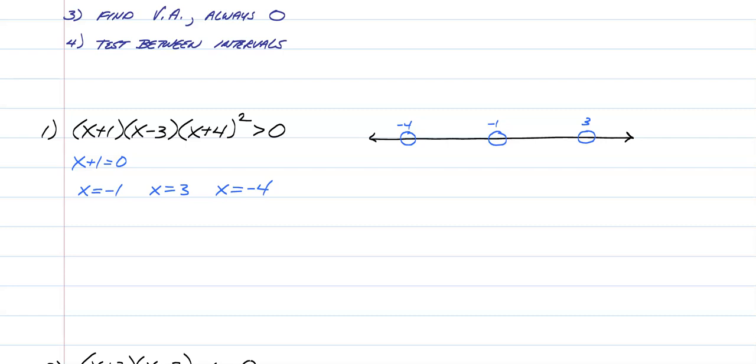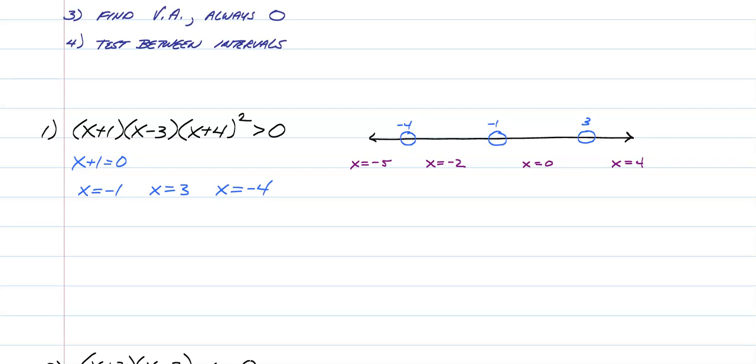Now, what you can do is you can actually find the number, or I'm going to show you a little shortcut. Okay? So for this, I'm going to use x equals negative 5. For my in-between, I'm going to use x equals negative 2. In between negative 1 and 3, the easiest is always to use 0 if you can. And then anything above, I'm just going to use x equals 4. So try to keep your numbers manageable.